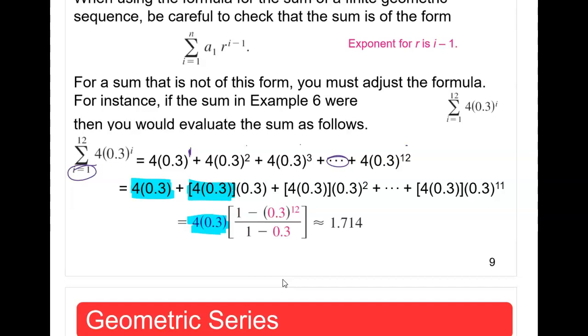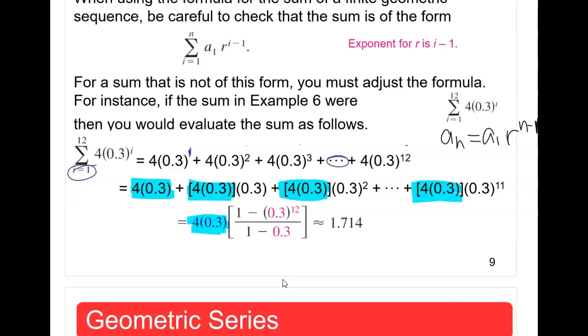And you could see that for everyone. Remember how every term gets found by multiplying a sub 1 times the ratio to the power n minus 1. So in this case, the a sub 1s are what I'm highlighting in blue, and the common ratio is still 0.3.